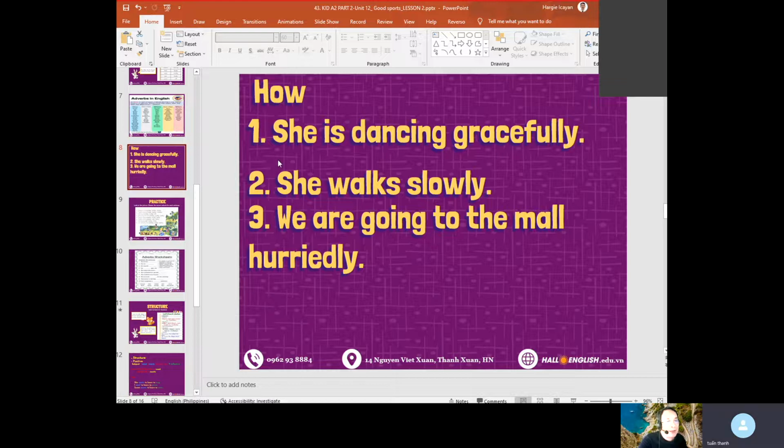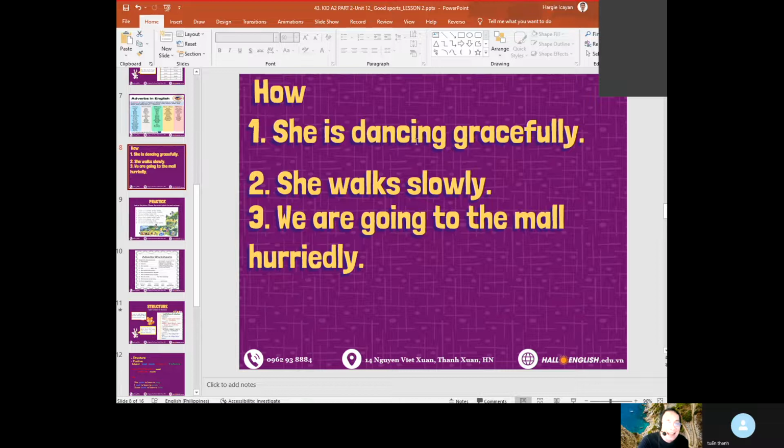Now look at this one, V. It answers the question how. Can you read sentence number one? She is dancing gracefully. How is she dancing? Gracefully, right? So it answers the question how.